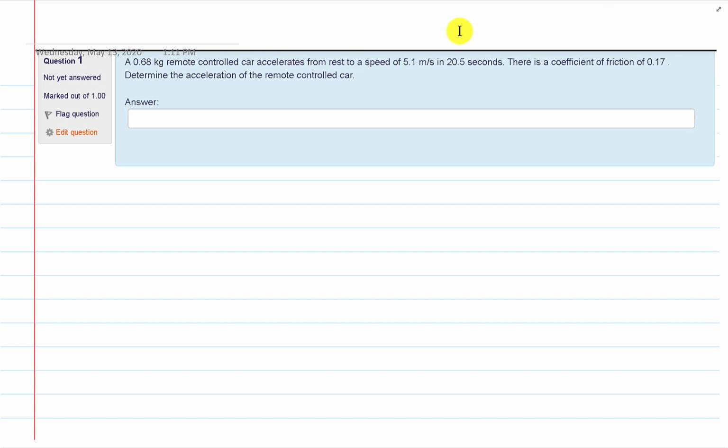Let's draw a free body diagram. On a surface, there's a normal force and a force of gravity. The push force is this way, and the frictional force is this way.